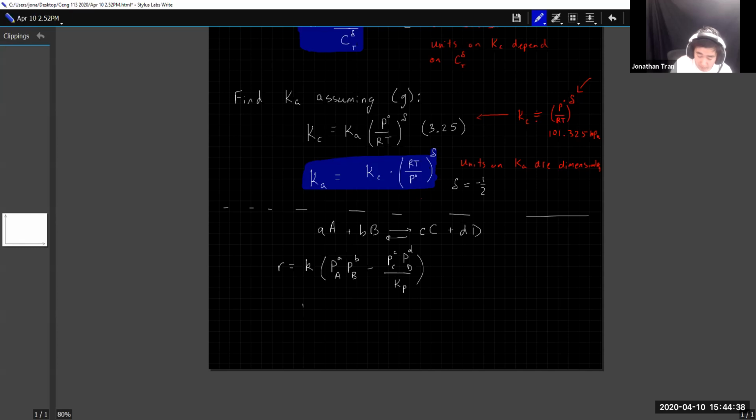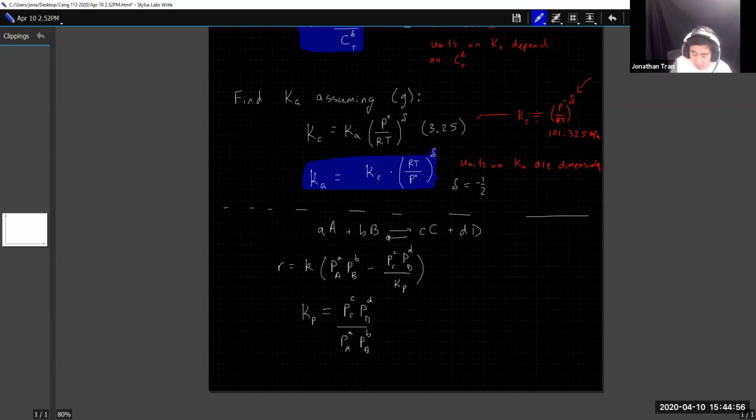In this case, K sub P, similarly to K sub C, is simply going to be, for this general case, P sub C to the power of c, P sub D to the power of d, over P sub A to the power of a and P sub B to the power of b. The shorthand notation for this is similar to K sub C: the product over i from A to Z of P sub i to the power of nu i.